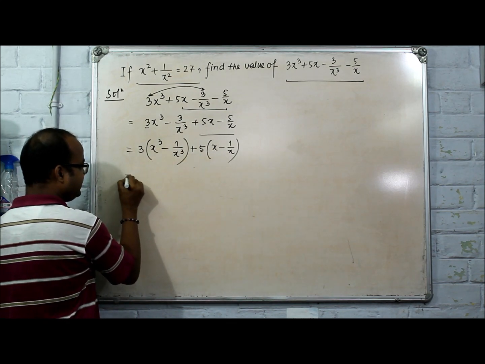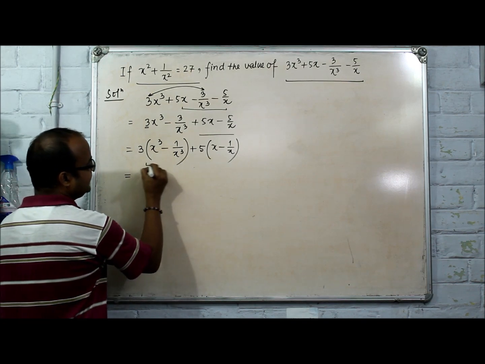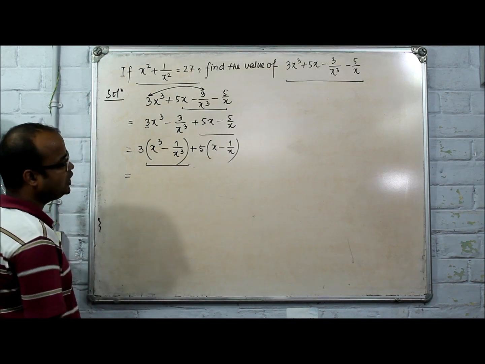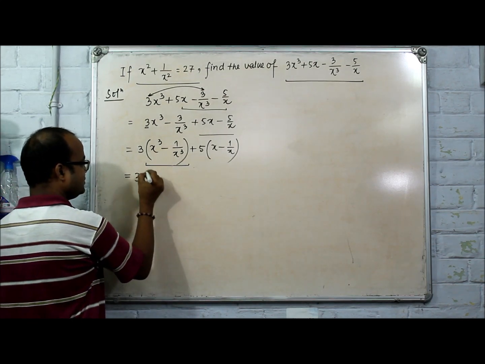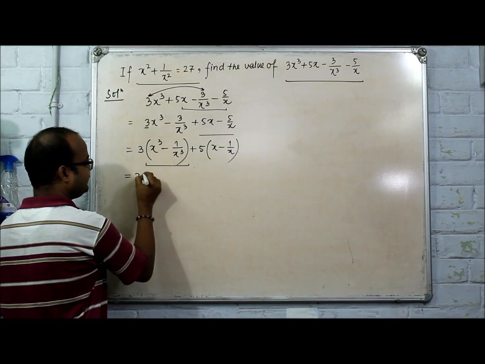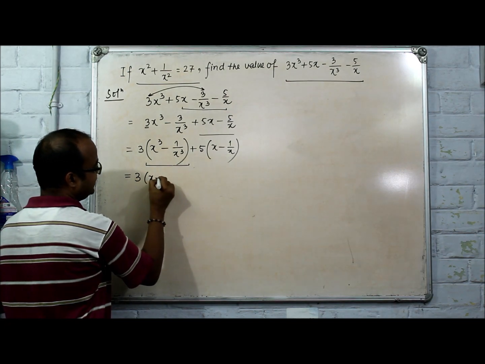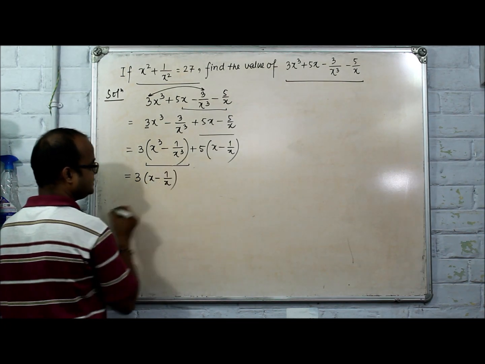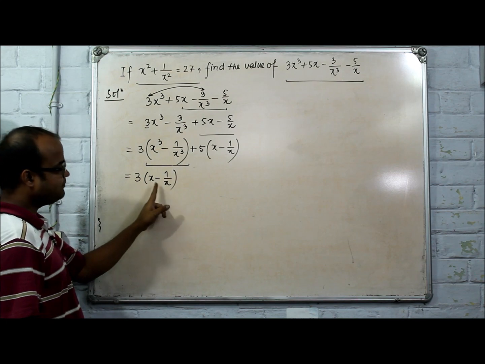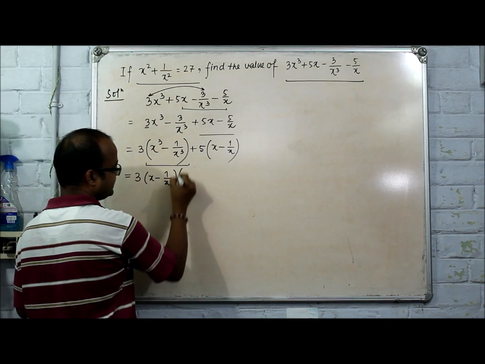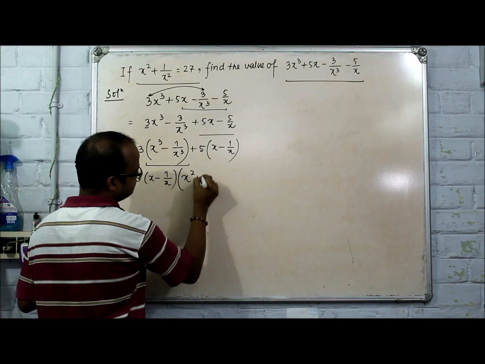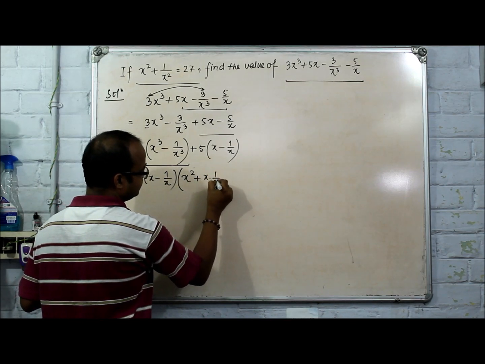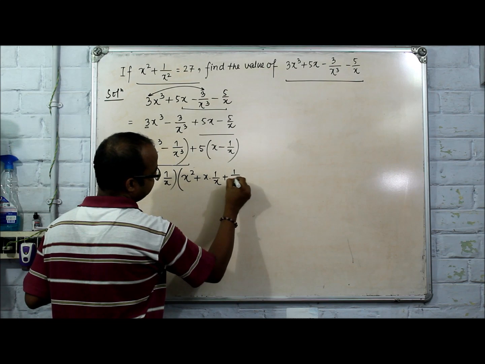Now if you simplify further, here we can apply the formula of a cube minus b cube. If you apply the formula of a cube minus b cube, you will get a minus b into a square plus a into b plus b square.